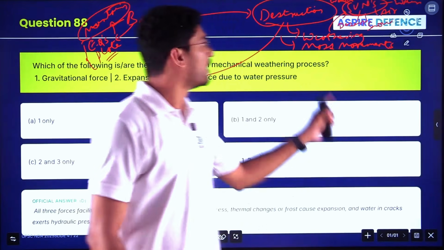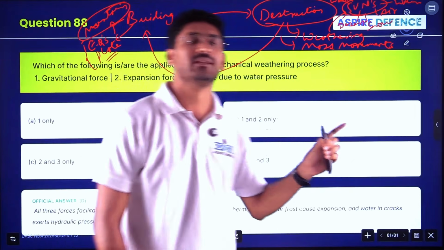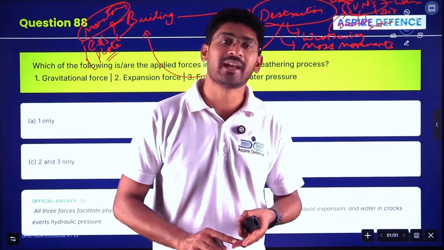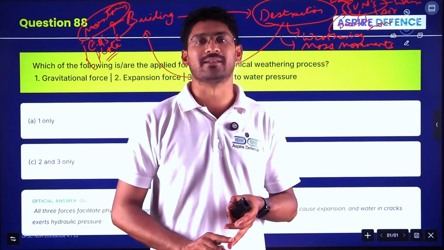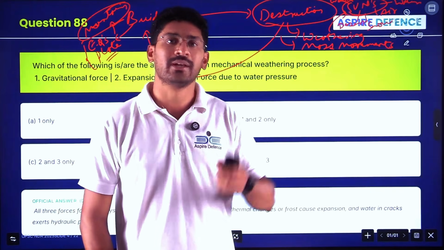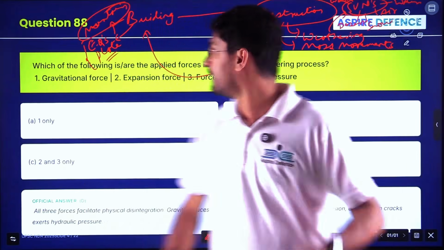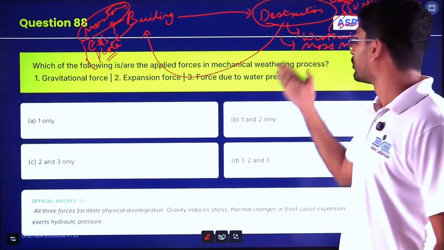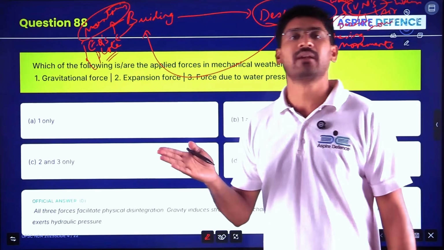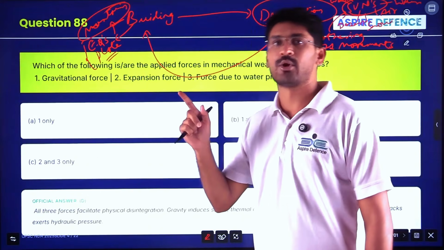All this leads to weathering. Here he is asking about mechanical weathering. Weathering can be mechanical weathering, chemical weathering, or weathering due to biological activities, right? Biology means animals and plants: if they burrow in the stones, it can weather that stone also. Question might come about mass movement, question might come about chemical weathering. So weathering and mass movement become very important.